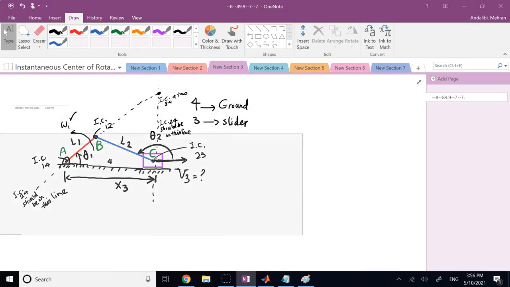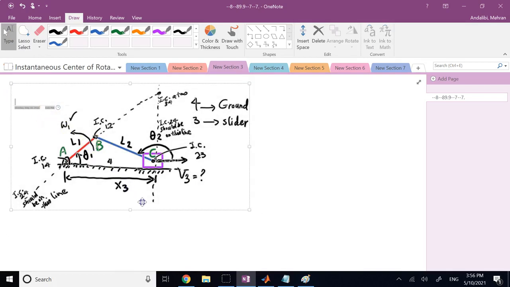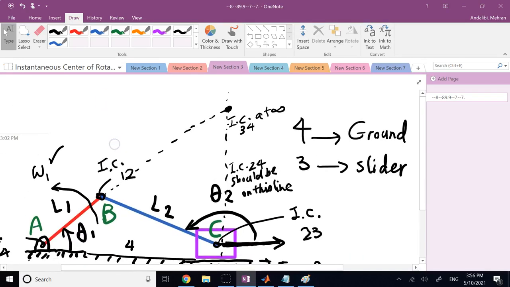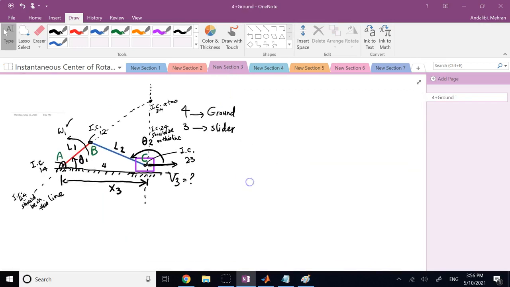And here, let me try to move this a little bit further down for you so I can add something to it. Here I try to go off a little bit.